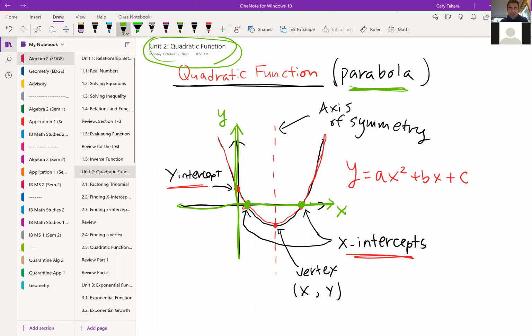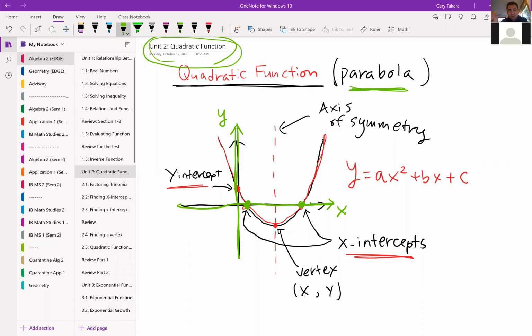And we will talk about them more. But I would like you to just write it down, the naming, right? It's very important that you know the vocab so that we can communicate. When I say find x-intercept, find y-intercept, you can have the picture in your mind.